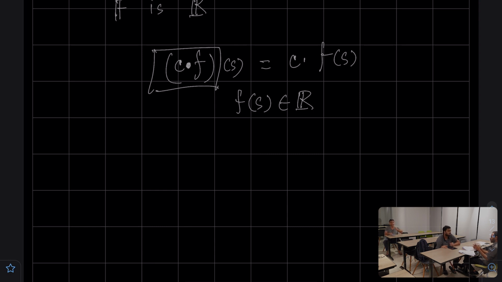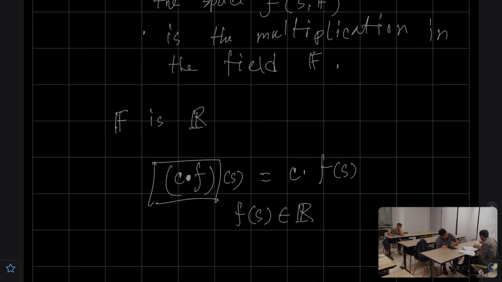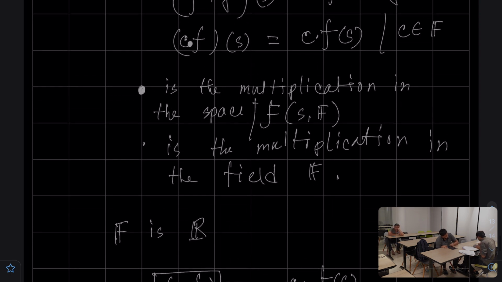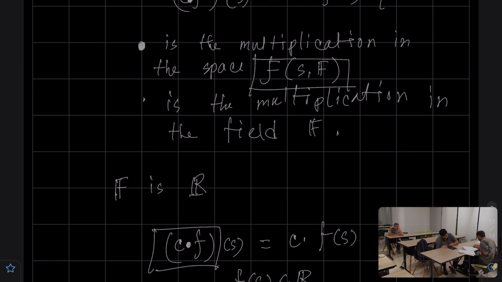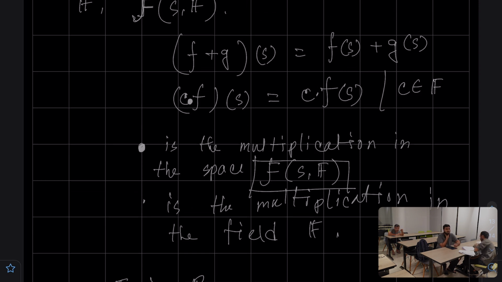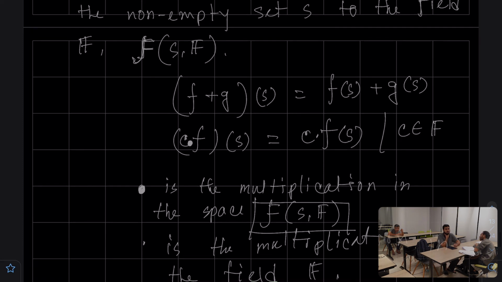To show that, you have to show that this set satisfies all 8 axioms of a vector space. If both of you understood, can you please prove these two: what does it mean by f plus g and c dot f?